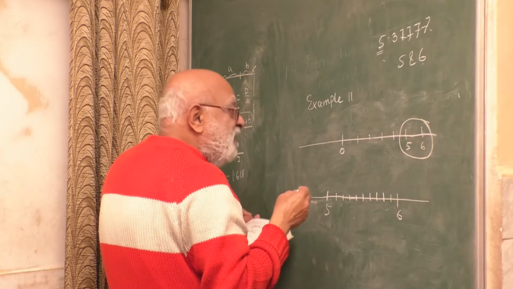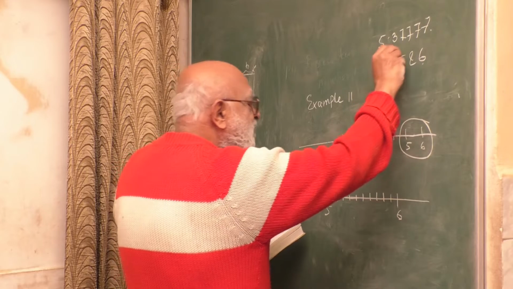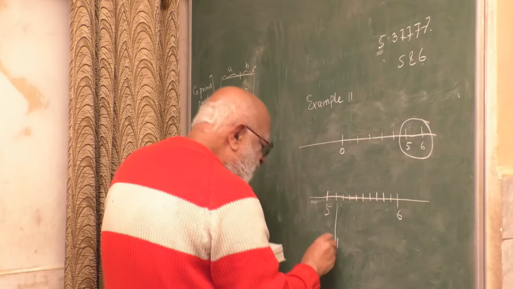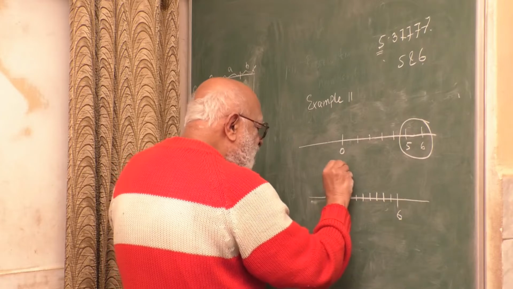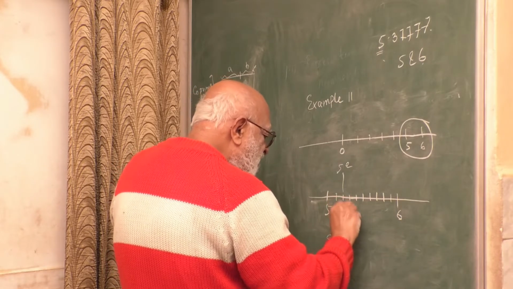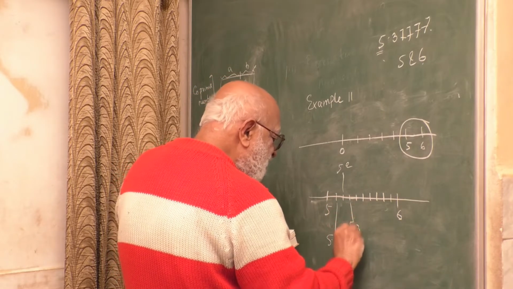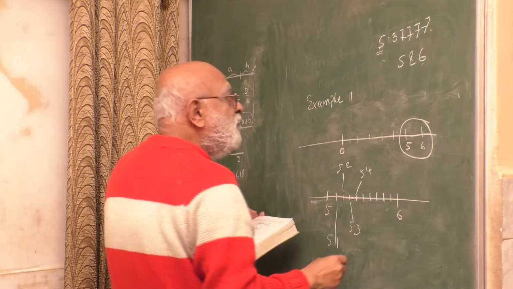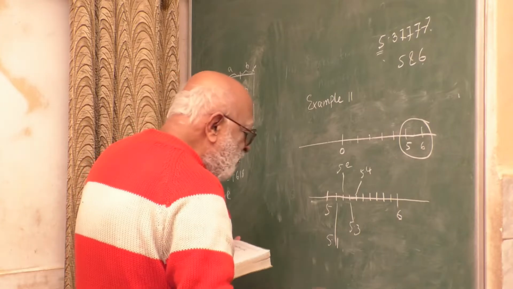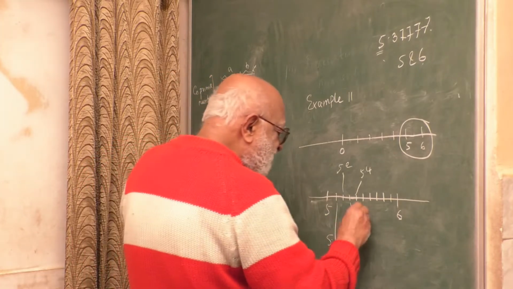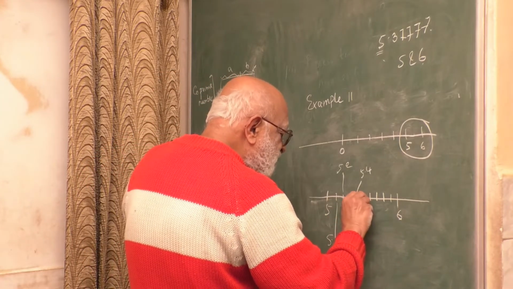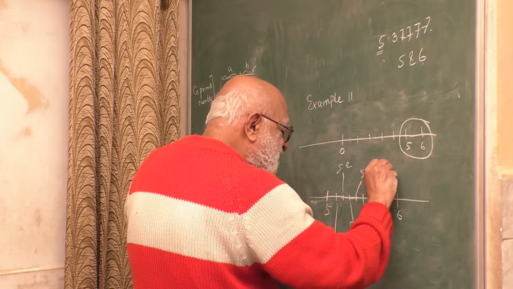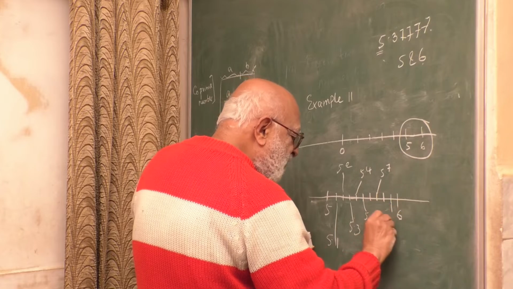So pick up what is between. I will do it a little bit differently: 5.1, 5.2, 5.3, 5.4. Okay, do I have to go further than that? No, I will pick up. But let us see whether my divisions are correct or not. So this is 5.5, this is 5.7, this is 5.9.